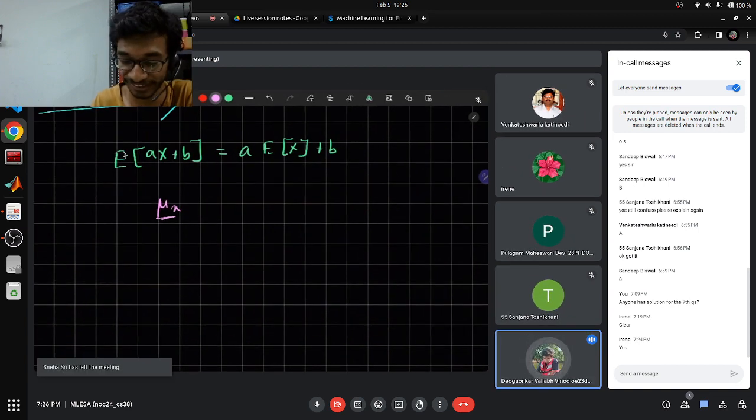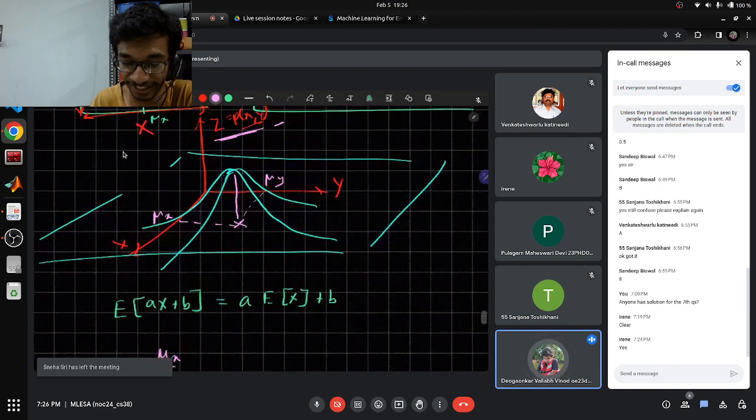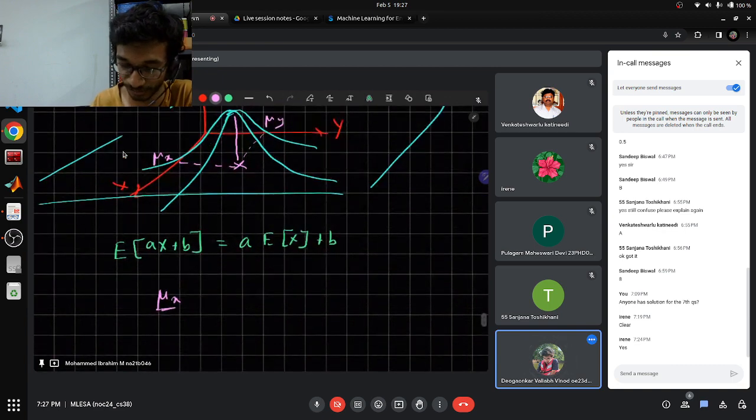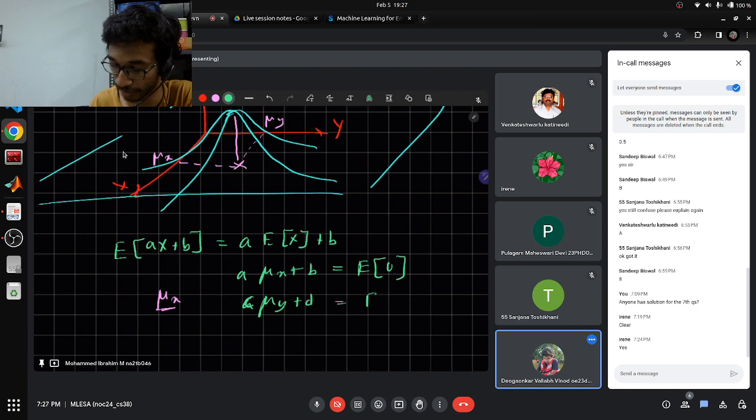So you will shift the mean point along the x direction to a new point, and all the other points are again going to be sampled around that point, and all of them go through the same transformation, ax plus b. That's why you end up with a times mu x plus b, and the same thing for y, you end up with c times mu y plus d. That is for the expectation of u and the expectation of v.